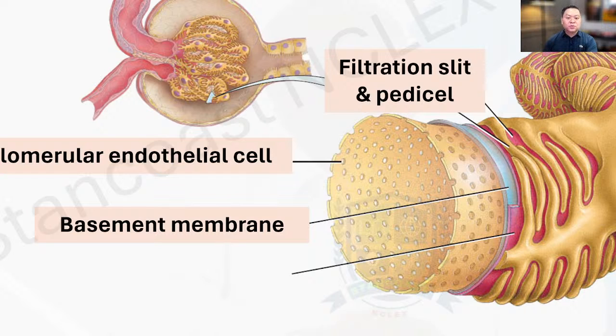It prevents the filtration of the larger proteins. Okay, please take note of that. It prevents the filtration of larger proteins such as albumin, which is the most abundant protein in the plasma, and it serves many functions like maintaining the oncotic pressure.